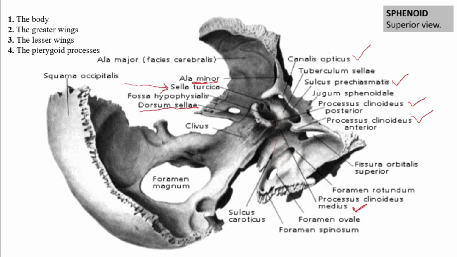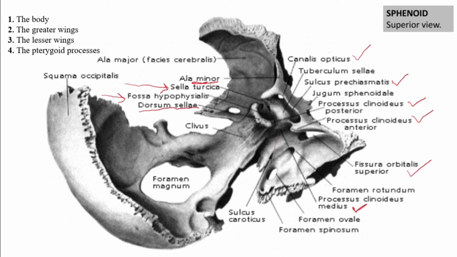Then this is the Turkish saddle. It's not very clear here. The Turkish saddle is called sella turcica, and the fossa for the pituitary gland is the fossa hypophysealis, because the pituitary gland is also known as the hypophysis.